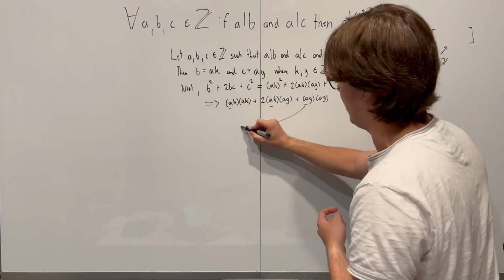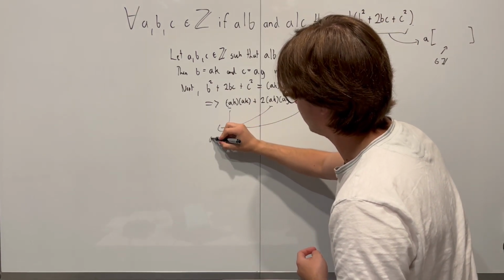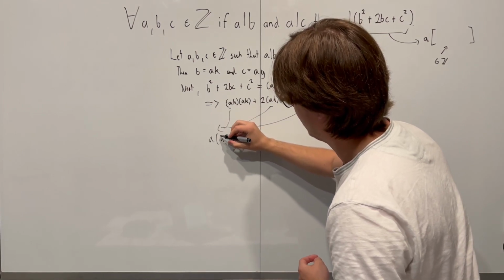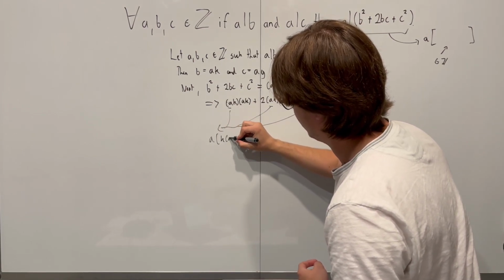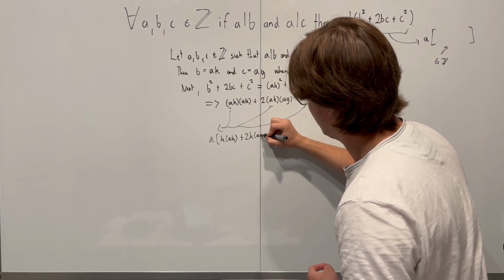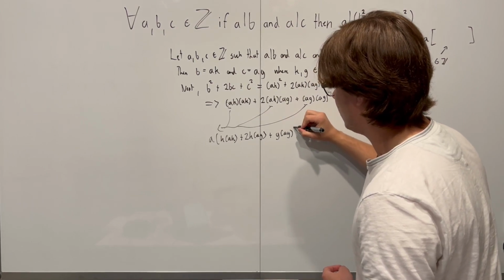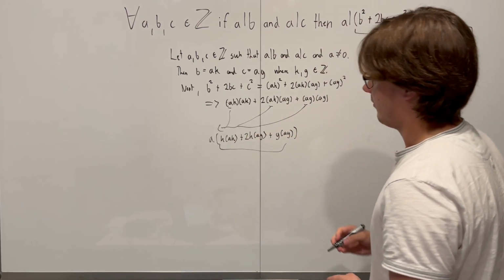Take the a out and have it look like a multiplied by k multiplied by ak plus 2k times ag plus g multiplied by ag, where you would argue that this is in fact an integer.